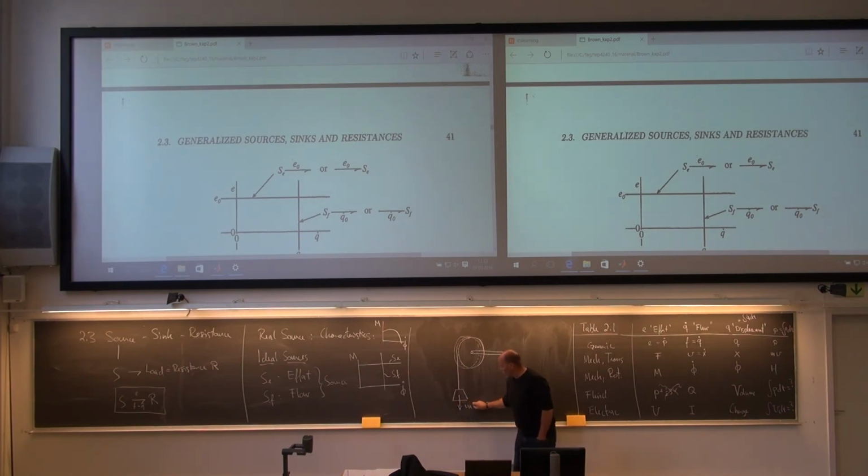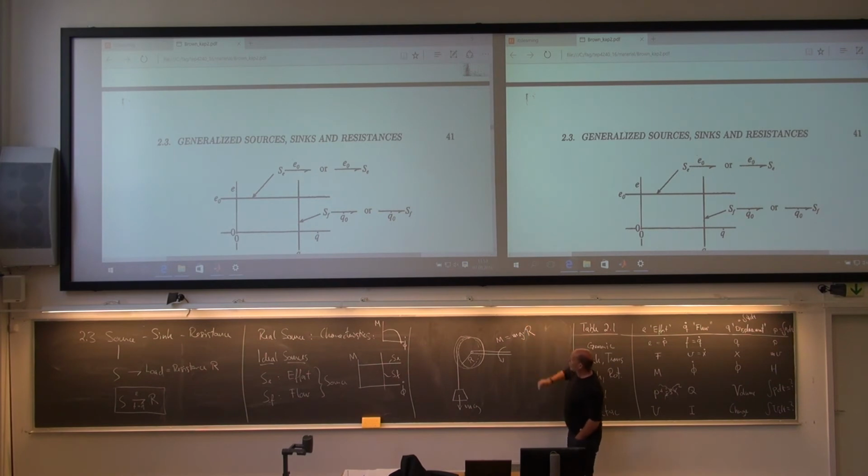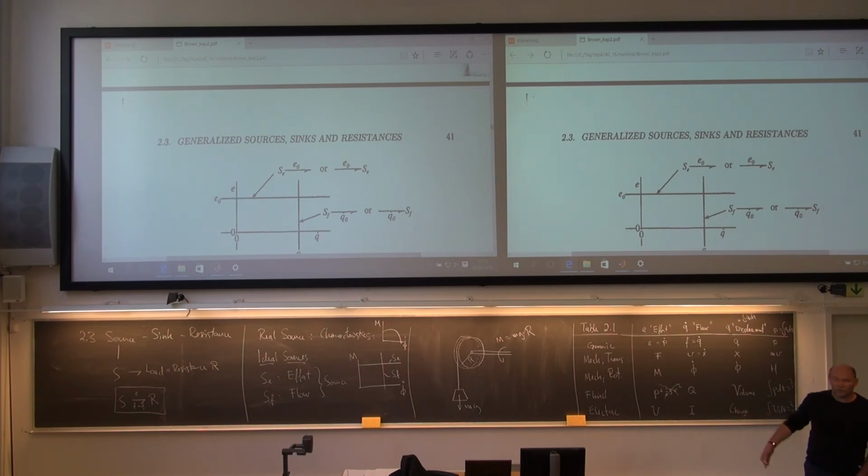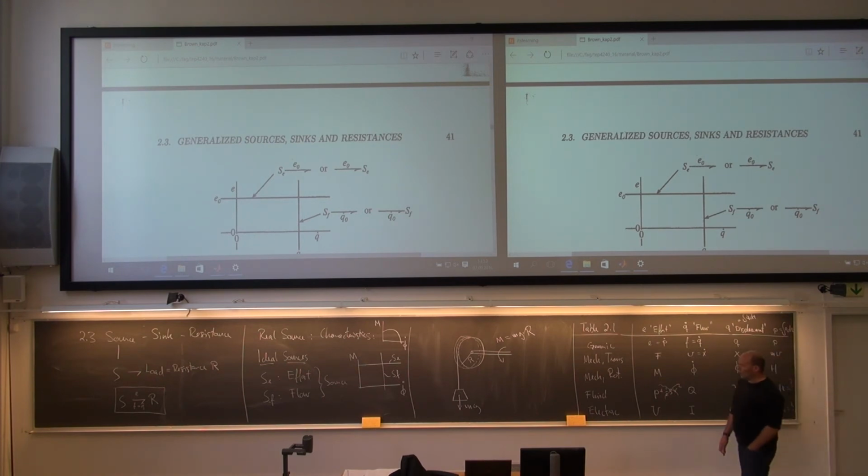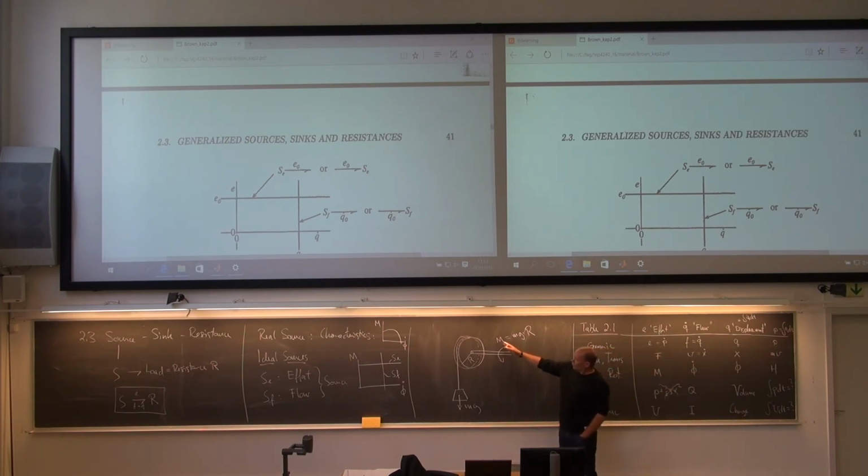So due to gravity, mg, this will now provide a torque on this axis, depending on the arm, R. So here you will have a torque given as the force, gravity, multiplied with the arm. And you will have the same force whether it rotates or not. The gravity doesn't change. If you move or not, it's the same, it's a constant force. And here now, constant torque.